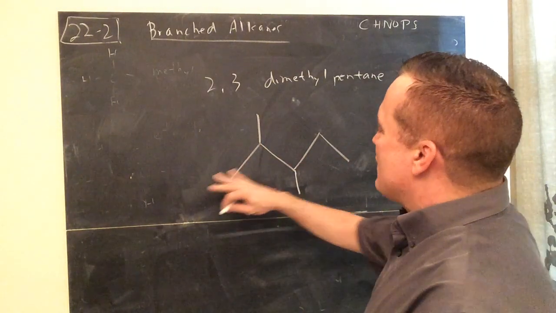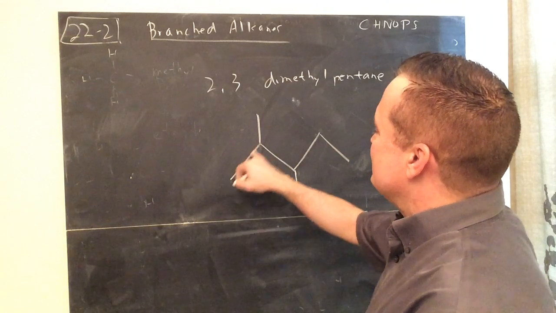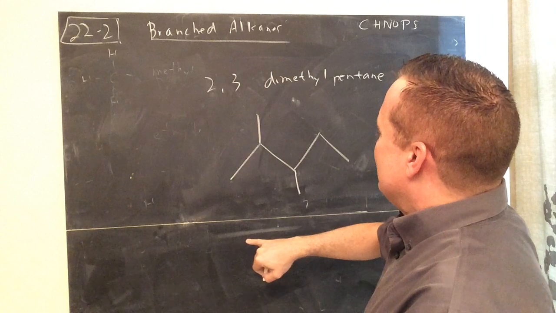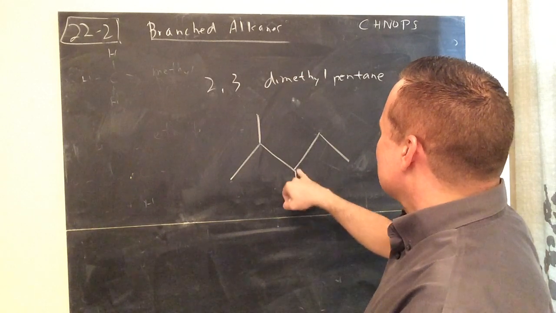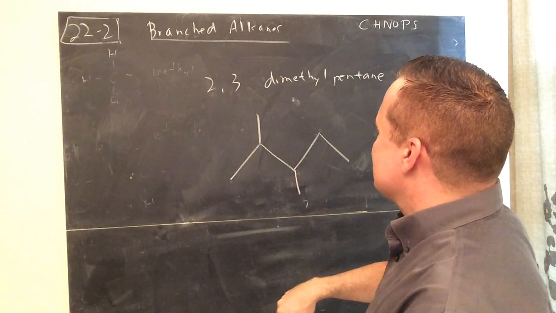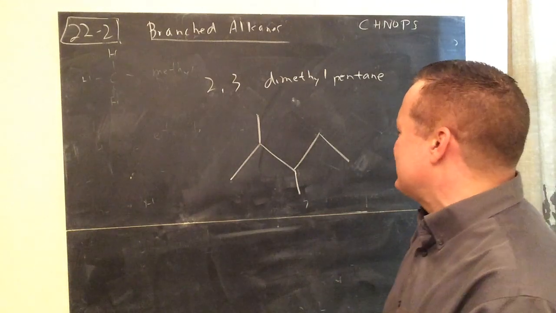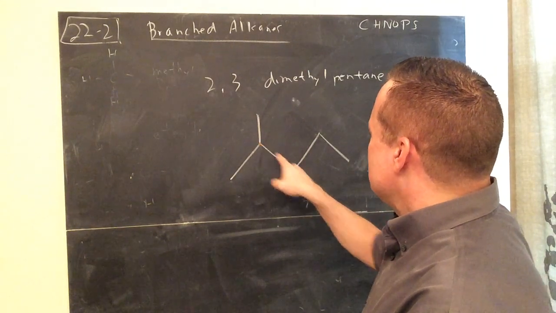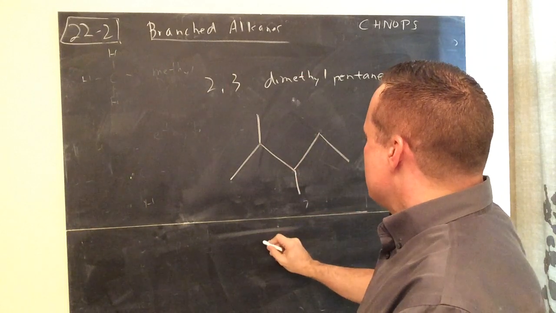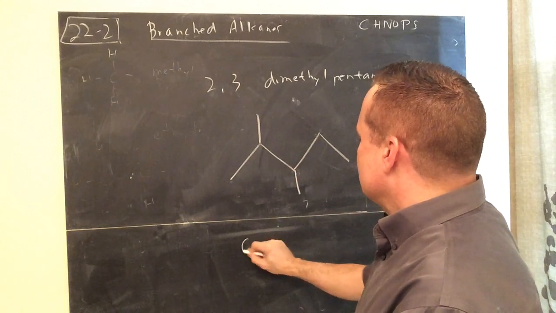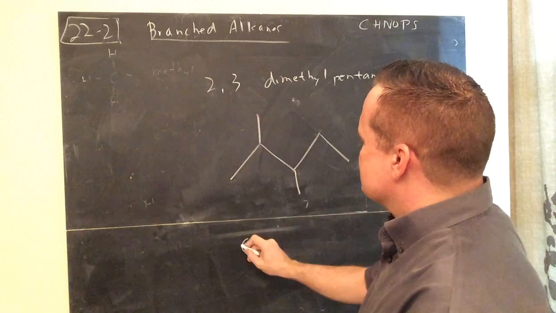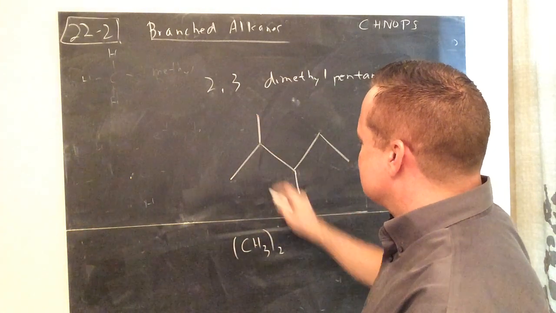And I'm not going to draw out the whole formula of that. CH3, CH3. Or maybe I do want to draw it. I don't know. It'll get to be a mess. Maybe I should show you one time. I don't want to scare you with it. But what I would do is I would say 1, 2, 3, CH3. You can actually say CH3 and CH3. There are 2 CH3s attached to CH.